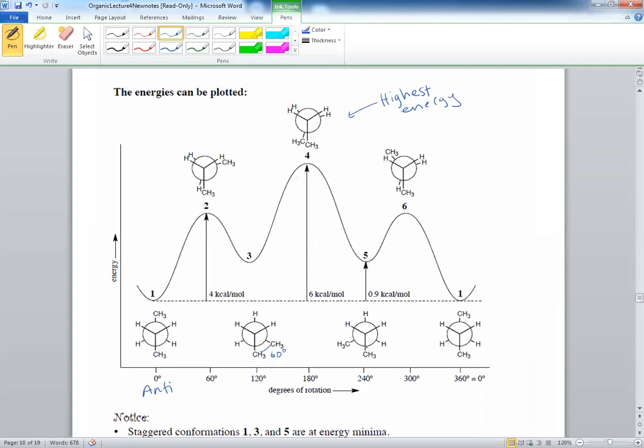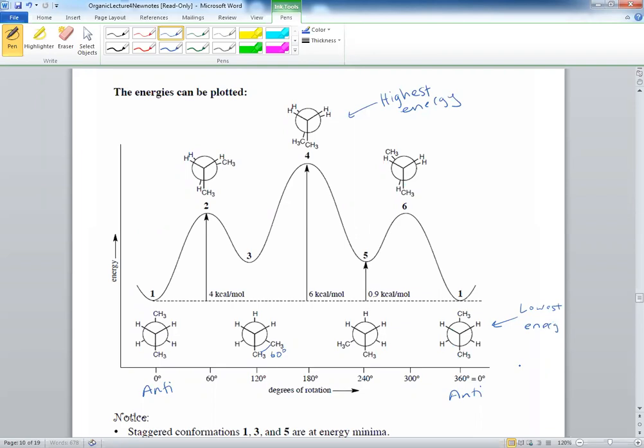It's as much as that one. They're pretty much the same thing. Eclipse again. And of course, it goes down, goes back to the anti, where it's actually the lowest in energy. So again, this is the lowest energy.